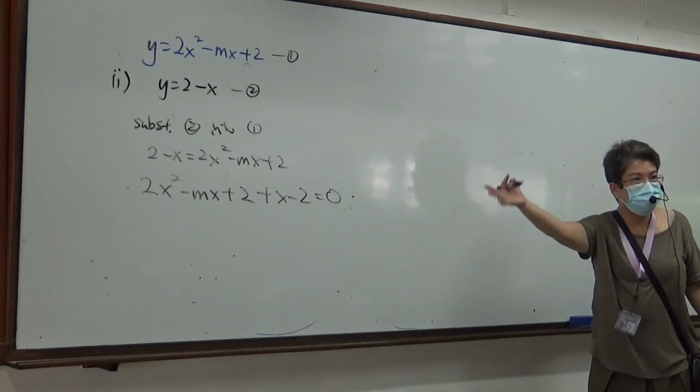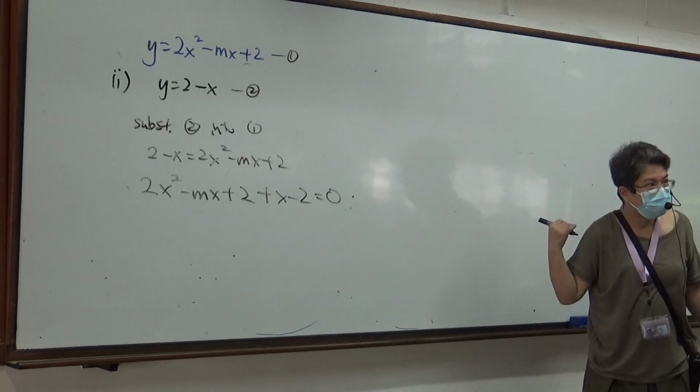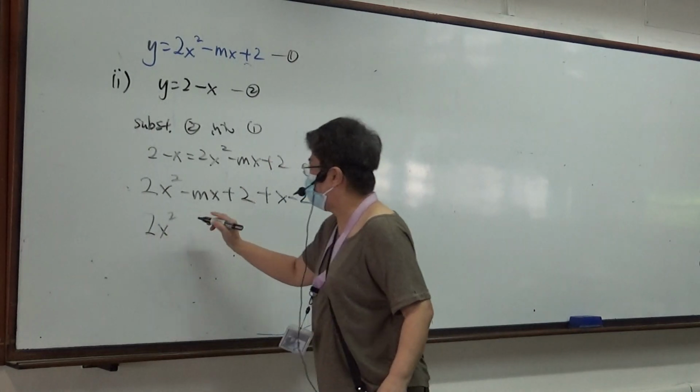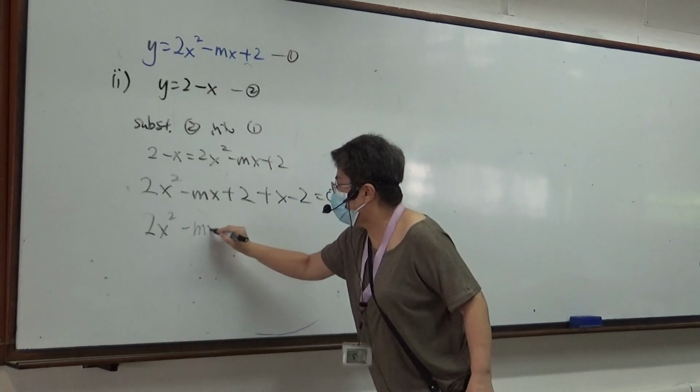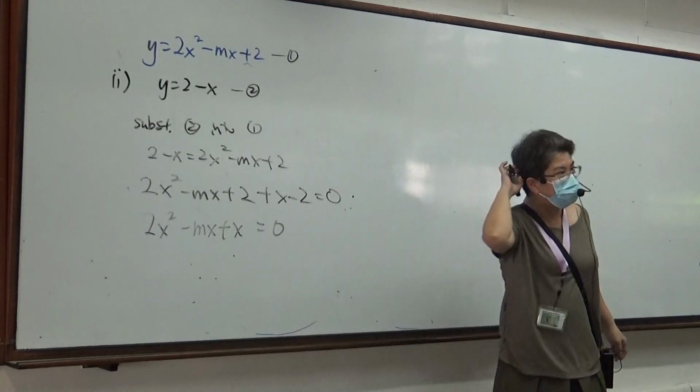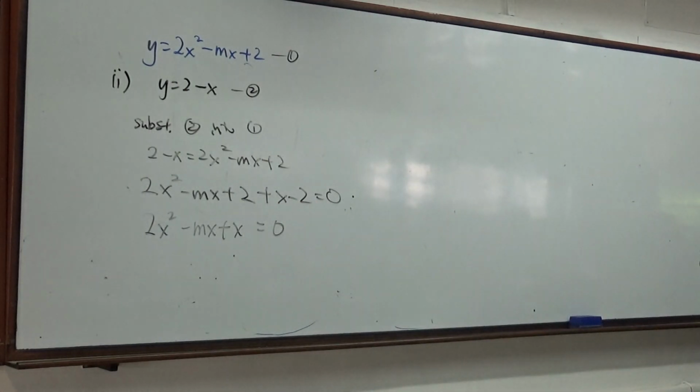Yes or no? I move everything to one side. Then I will have 2x squared minus mx plus x equals 0, because plus 2 minus 2 becomes 0. Am I right to say that?